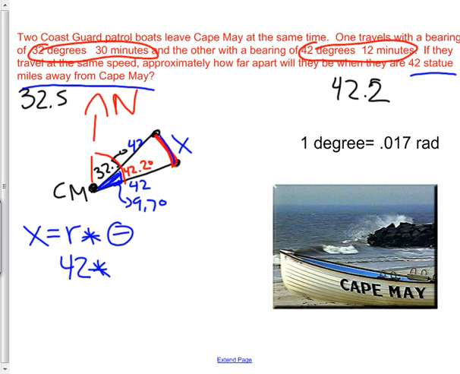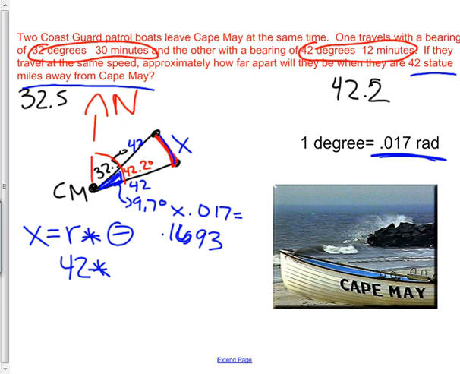Then one other step they want us to take is they want it in radians. They don't want it in degrees. So before we plug it into here, we have to put it into radians. So what's 9.7 times 0.017? I got 0.1693.